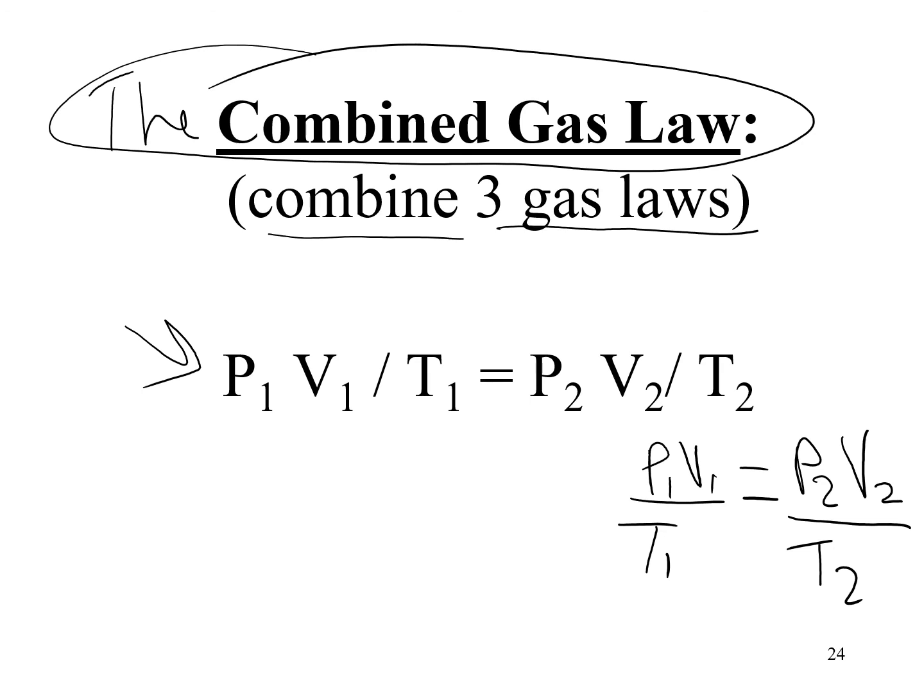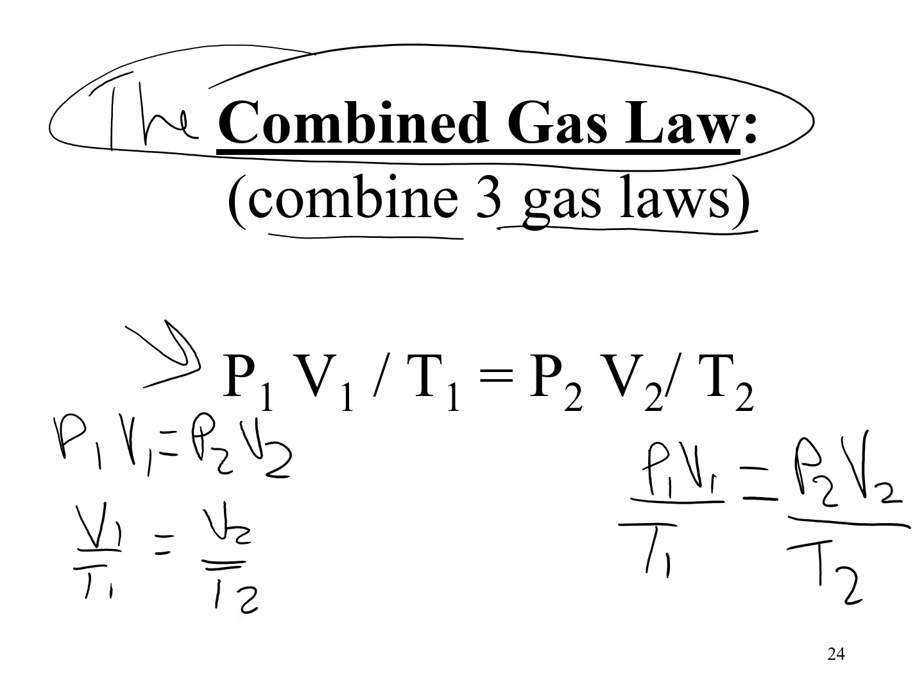So the 3 gas laws we learned were, first we had Boyle's, which was P1 V1 is equal to P2 V2. And then we had Charles, which was V1 over T1 equal to V2 over T2. And then we had Gay-Lussac's, which is P1 over T1 is equal to P2 over T2. So if we look at our 3 formulas, we can find those in our combined gas law.